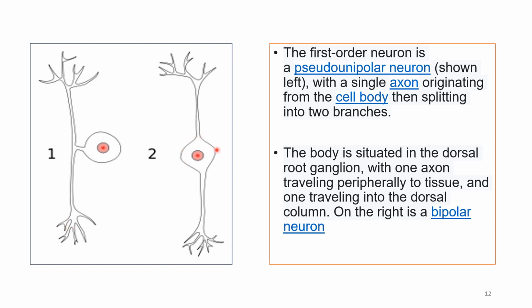Here it is different: the axon is here and the dendrites are here. In the pseudo-unipolar neuron, the body is present in the DRG, that is the dorsal root ganglion, with one axon traveling peripherally to the tissue and another axon traveling into the dorsal column. And this is the bipolar neuron.